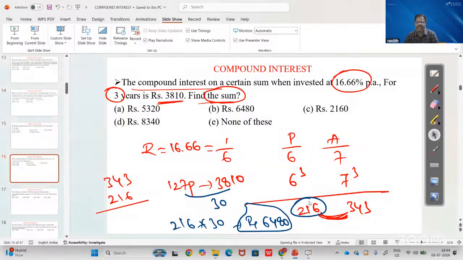Here sum is given. Sum we know 216. Or else principal is always 100 percentage. But we know principal, we know compound interest, we know amount, everything we know.